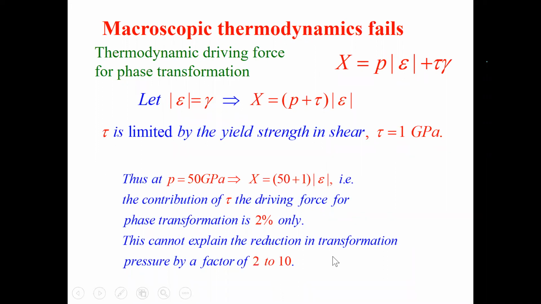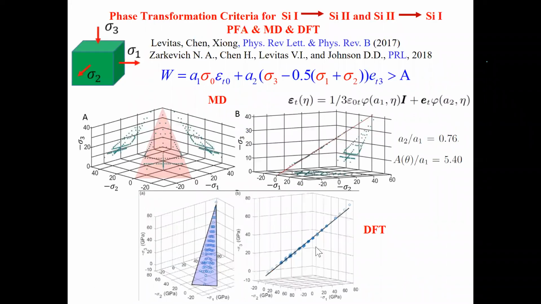So that is why we developed a completely different theory. Actually, it's a four-scale theory. Each scale describes corresponding features. And at the atomistic scale, our main goal was to find phase transformation criteria. This is the same as lattice instability criteria, which I mentioned, under the action of all 6 components of the stress tensor.